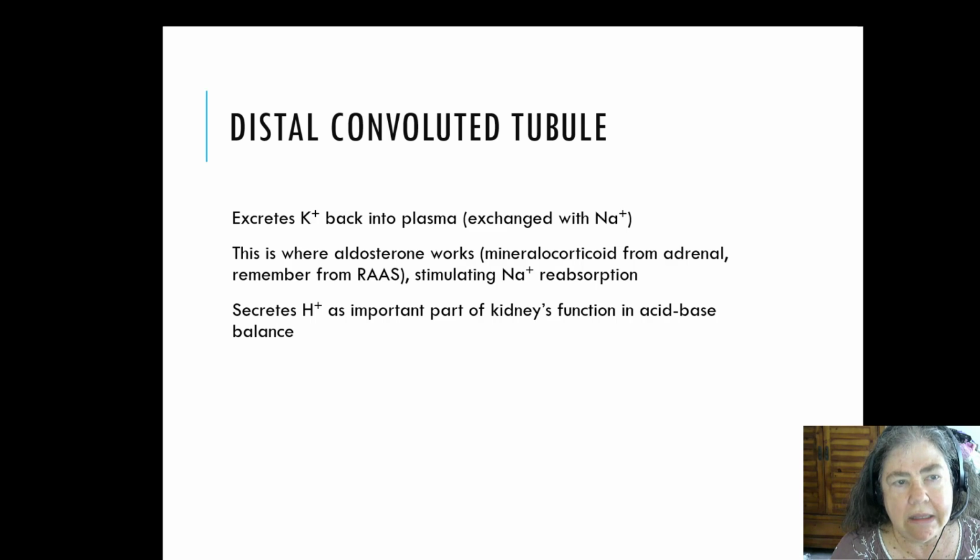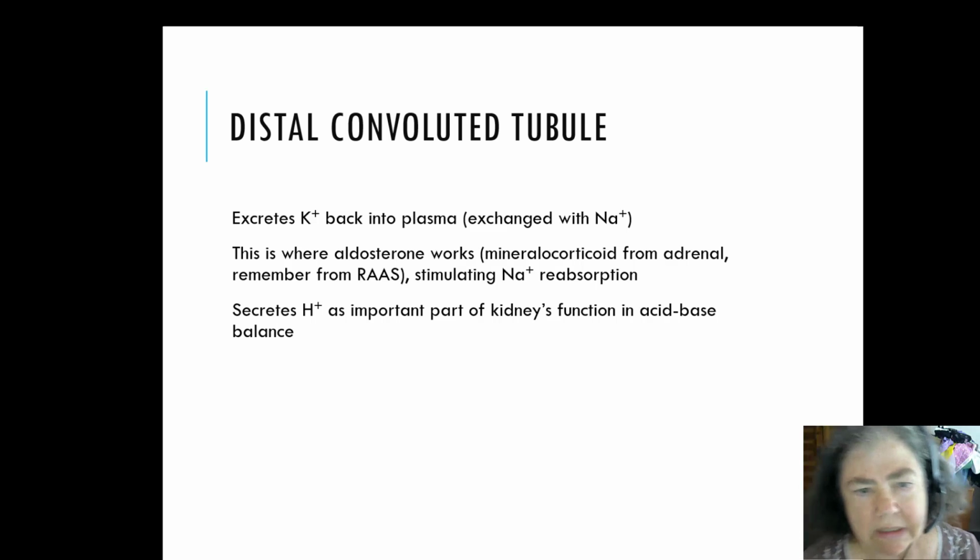So at this point, there's still sodium in the filtrate, which is almost urine, and that sodium is now sort of up for grabs. If it stays in the lumen, it leaves with water, and if it is reabsorbed, it brings water back in, and so it helps to maintain volume homeostasis.